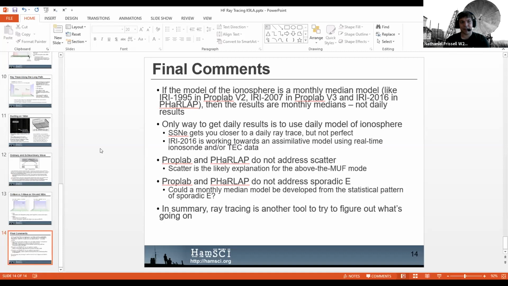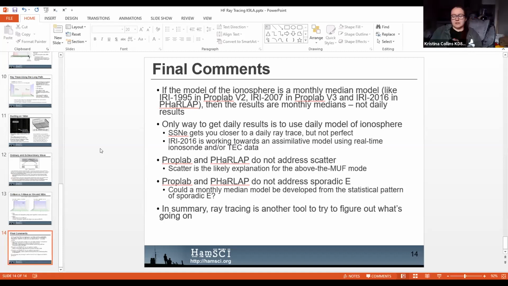There's a lot of things that happen much faster than that, with much finer spatial resolution than normal propagation prediction programs like VOACAP or W6EL prop. These ray tracing programs allow you to see trends and not exactly what's happening right now, unfortunately, but maybe sometime in the future we'll have that.